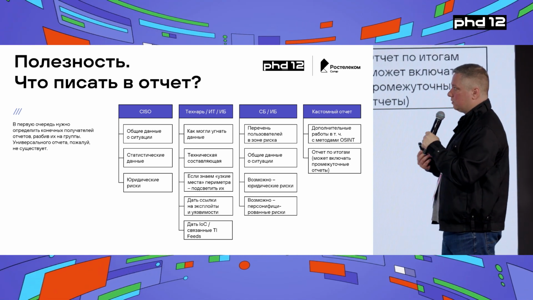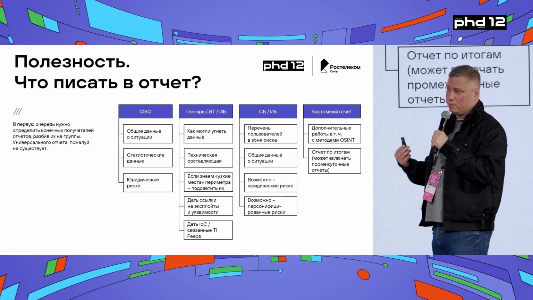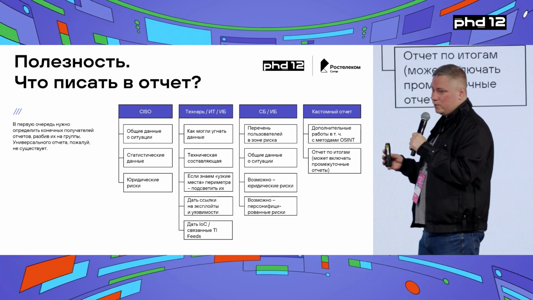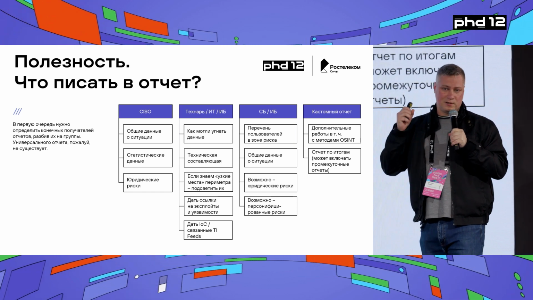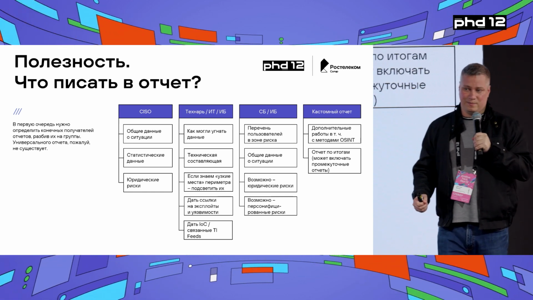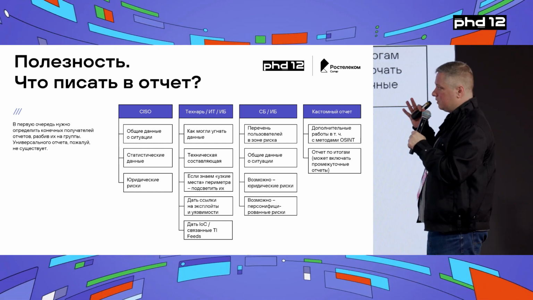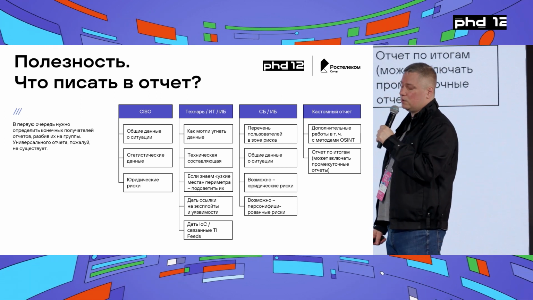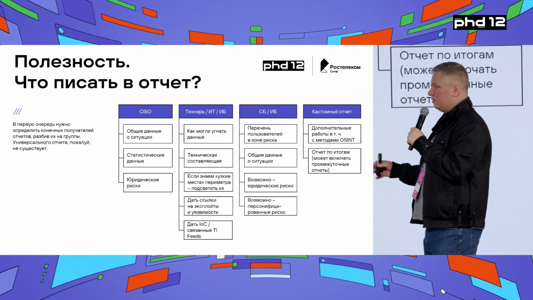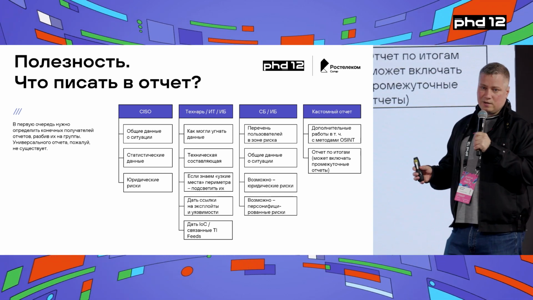You have to make profiles of your recipients, meaning those who are going to get those reports. Economic security should be removed, meaning that they have a big red button and they're not interested in that. But in the sense of the CISO, they would need some statistics and some legal risks being identified.